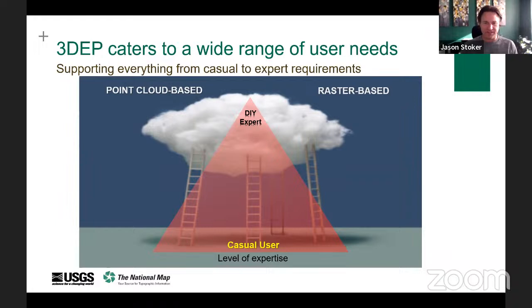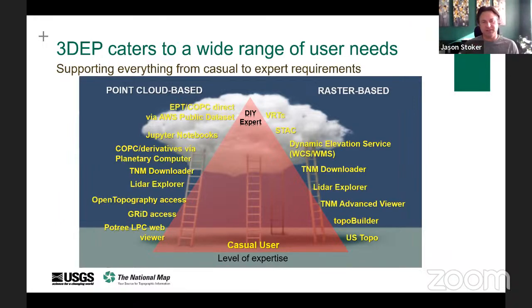That's probably a lot of folks in this group, where no matter what application or tool we build, it will never satisfy their needs. In fact, a lot of them get publication credits by showing that the status quo that we're building is garbage. So they build a lot of things, and we want to be able to support that. We've set up these different kinds of access methods on both the raster and point cloud side to satisfy a lot of these requirements.